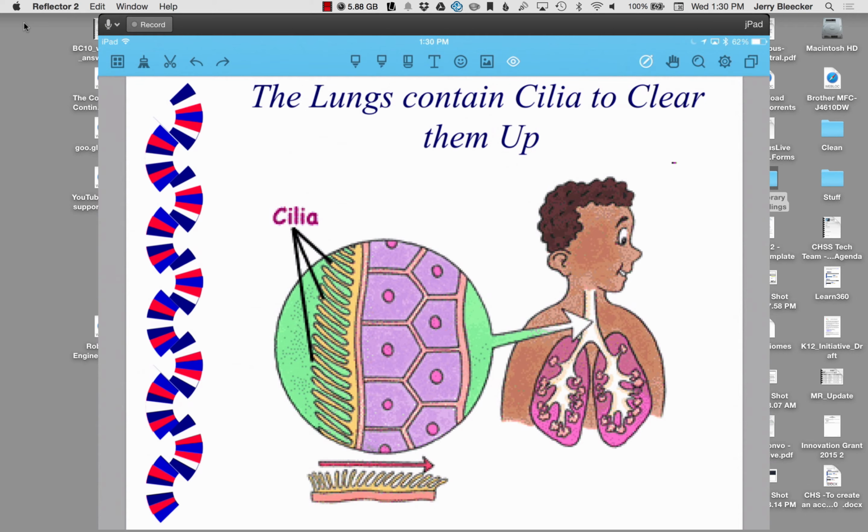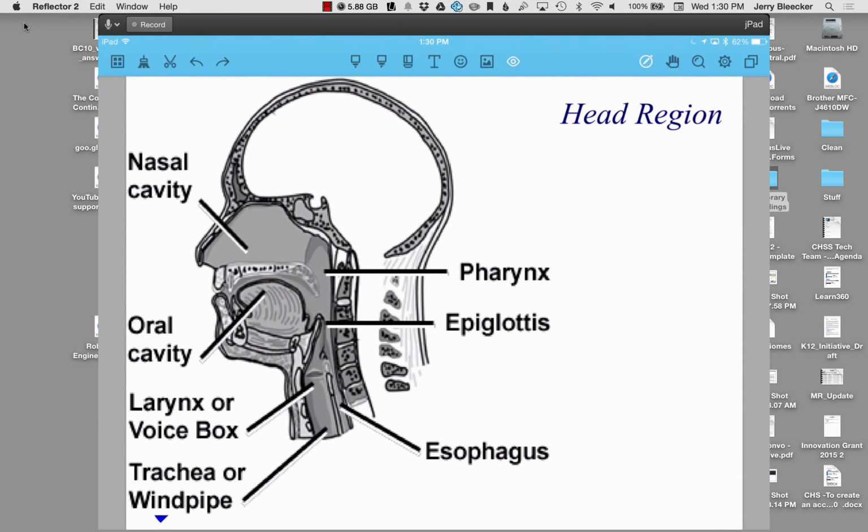If I was a bacterium and I wanted to get into your bloodstream, boy, the lungs would certainly be a place I'd try to invade. So the cilia are doing a job constantly of sweeping mucus and other particles upwards to keep us healthy. It's homeostasis.